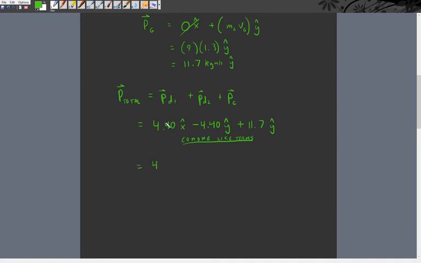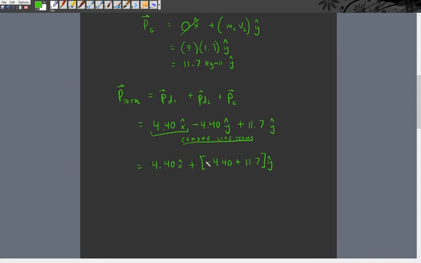There's only one x-hat term, so it's going to be 4.40 x-hat, and there's going to be two y-hat terms, so I'm going to say plus negative 4.40 plus positive 11.7, all in a bracket, y-hat.